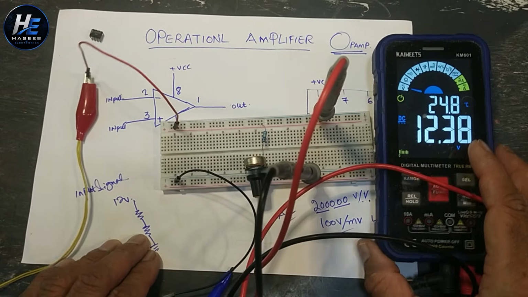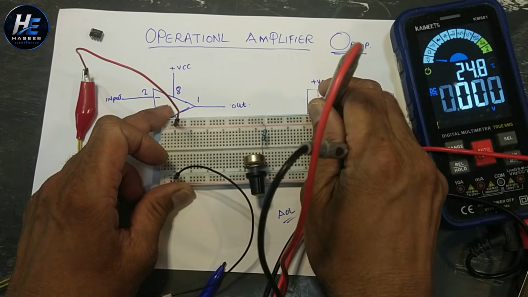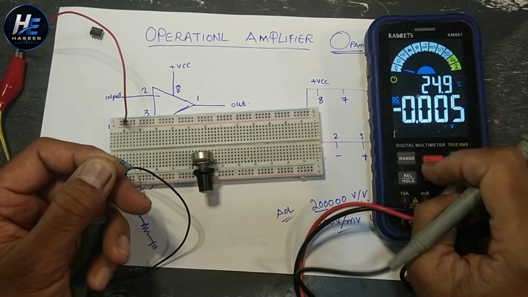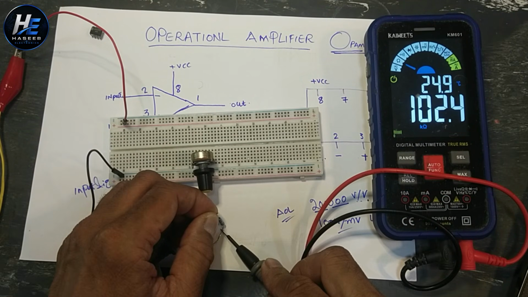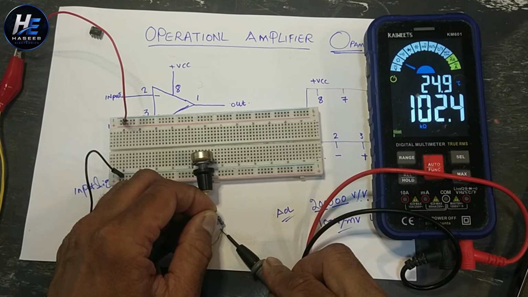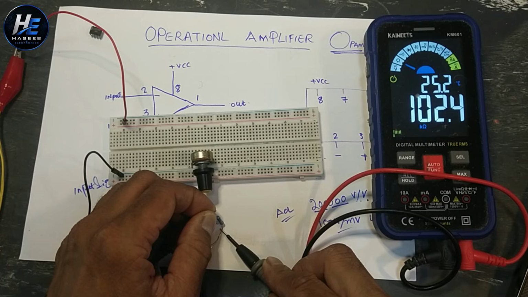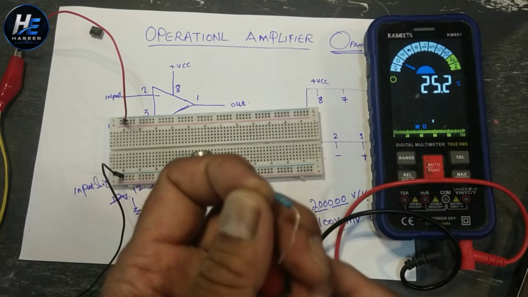12.38 supply voltage. Because it is fixed voltage power supply, I am connecting one resistor, 102.4 kilo ohm. Nominal value is 100, but its practical value is 102.4 kilo ohm.